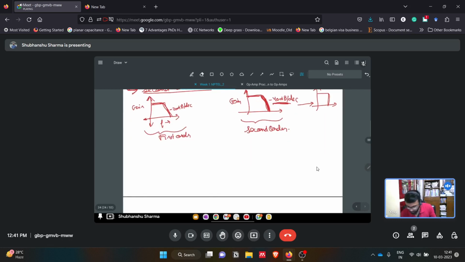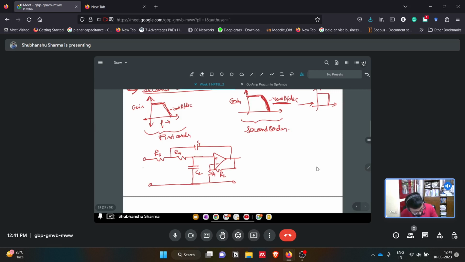So if we talk about the second order filter, then it is a resistor, and we are giving negative feedback to this op-amp, and we are using two capacitors here. C1, this is C2, this is R3, this is R4.